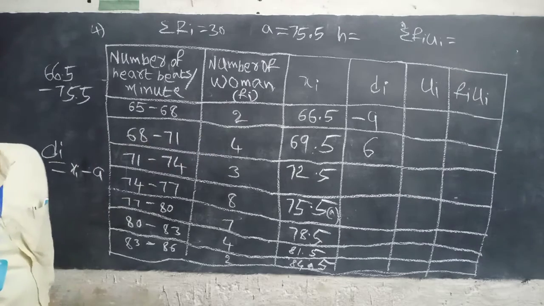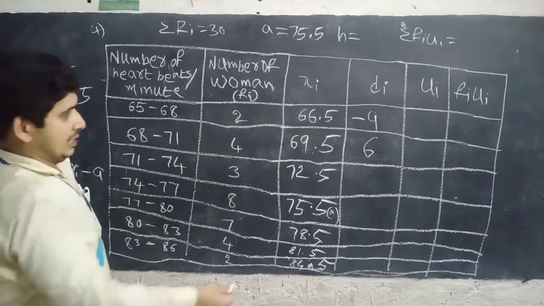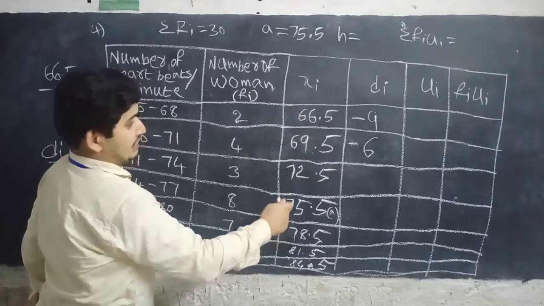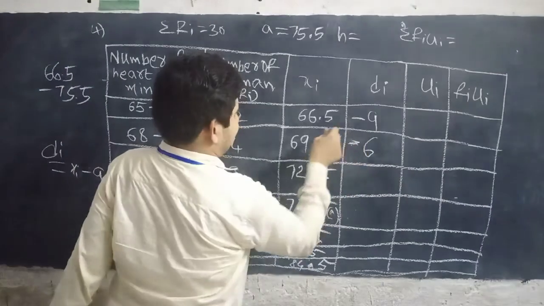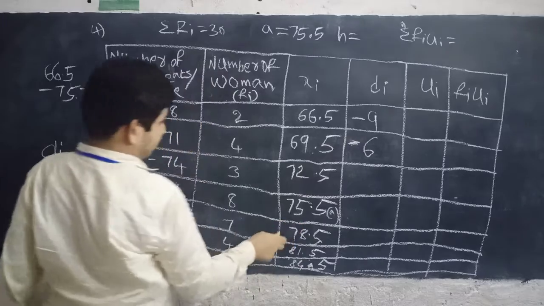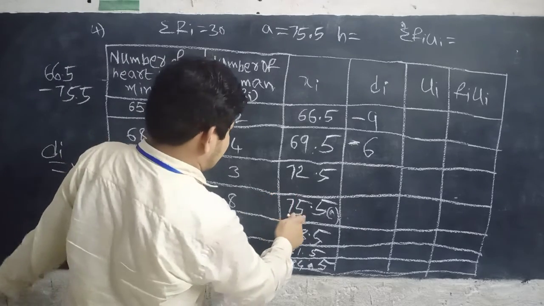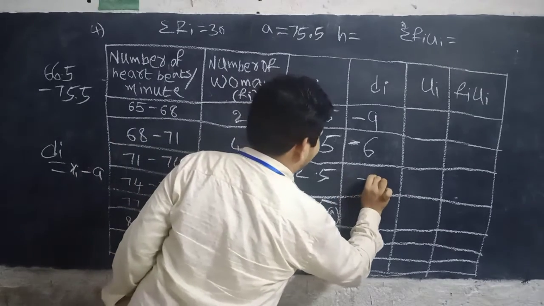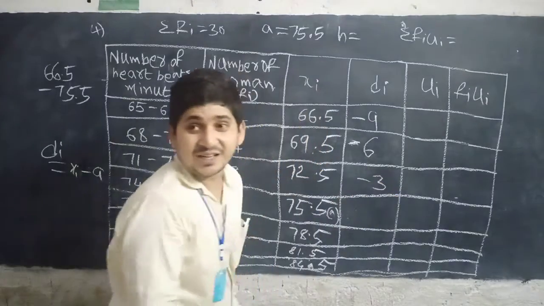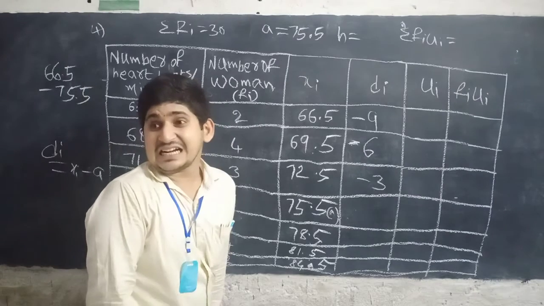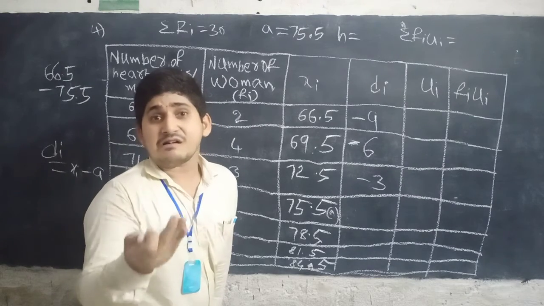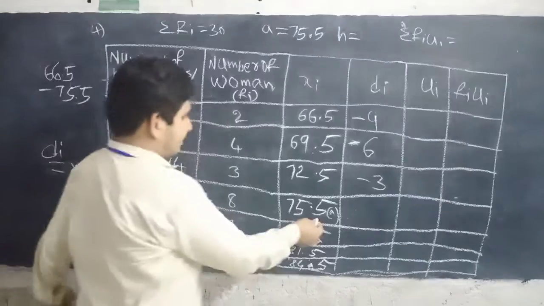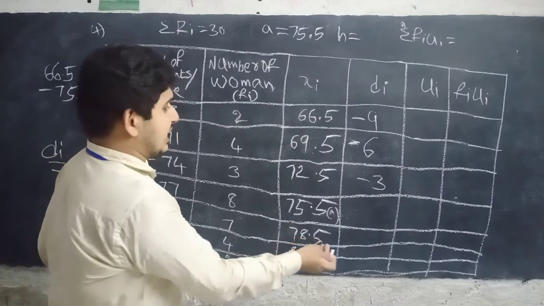Similarly, for this also minus. 72.5 minus 75.5 equals minus 3. Any doubt? I think you have no doubt, so I am continuing. Now 75.5 minus 75.5 is 0.